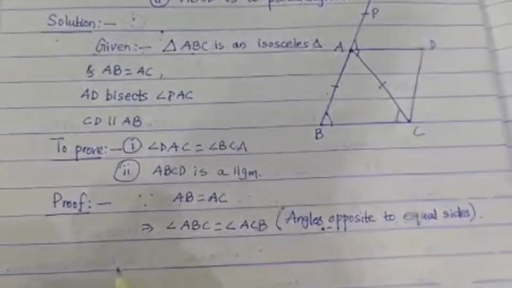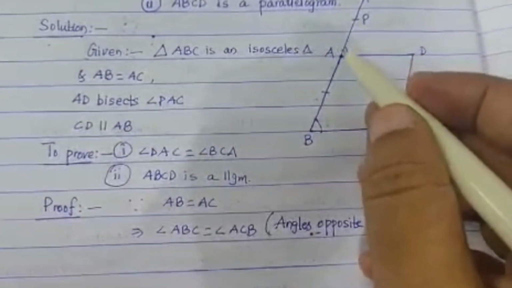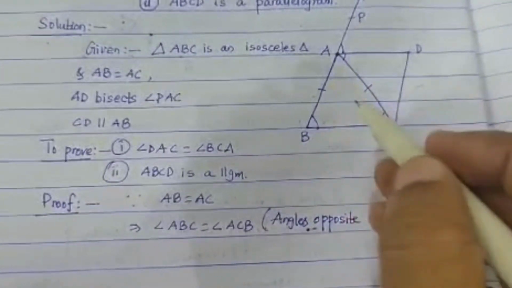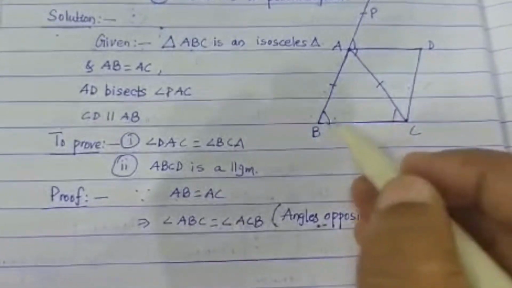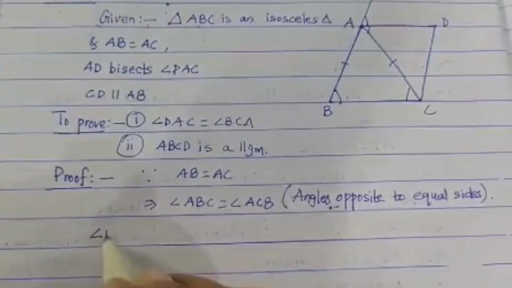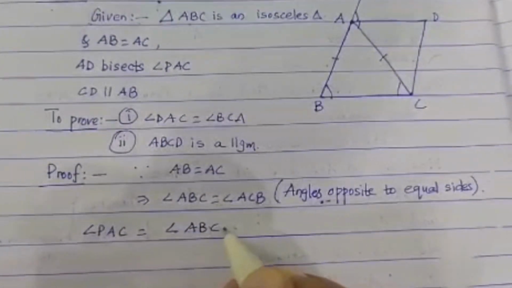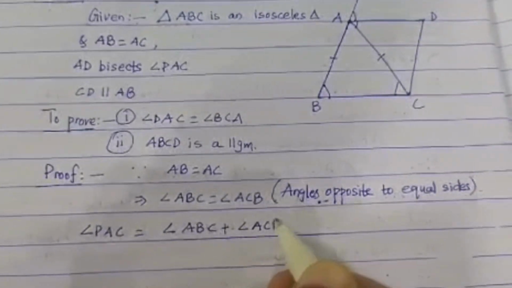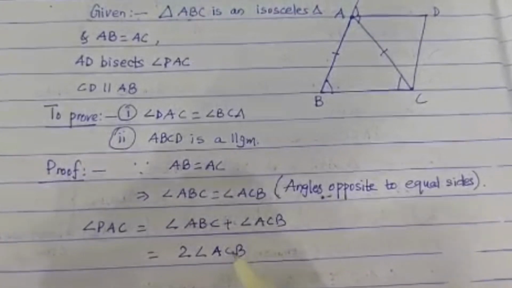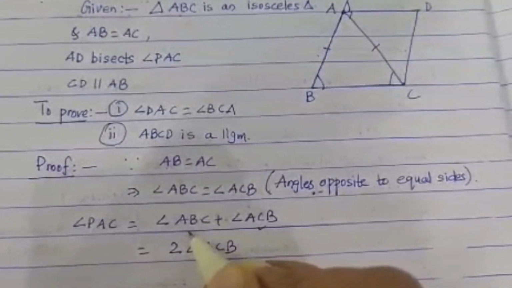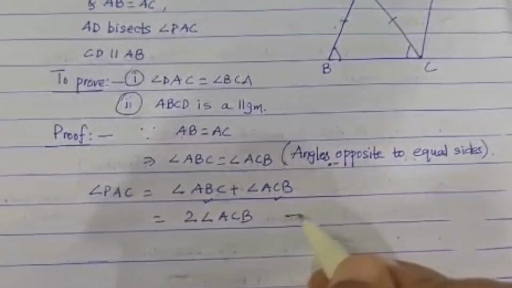Now this angle PAC is the exterior angle for this triangle ABC. So angle PAC is equal to the sum of these two angles: angle ABC plus angle ACB. And we can write it as twice angle ACB, because ABC and ACB both are equal. So we can write PAC equal to twice angle ACB. Let us take it as equation 1.